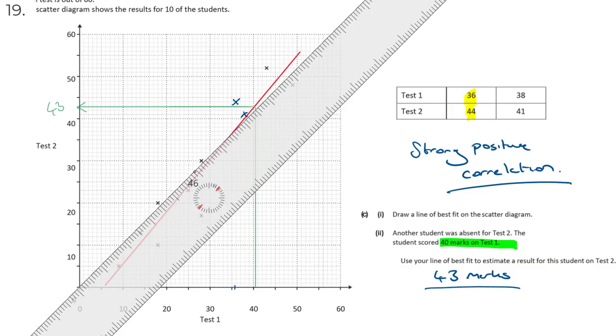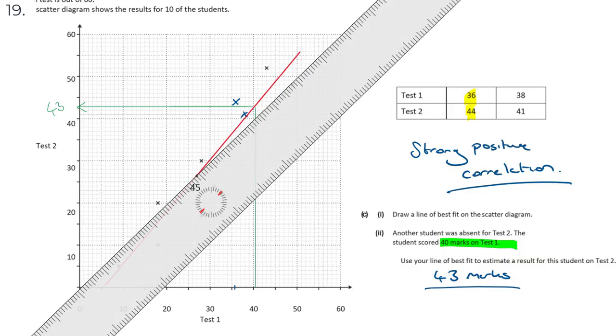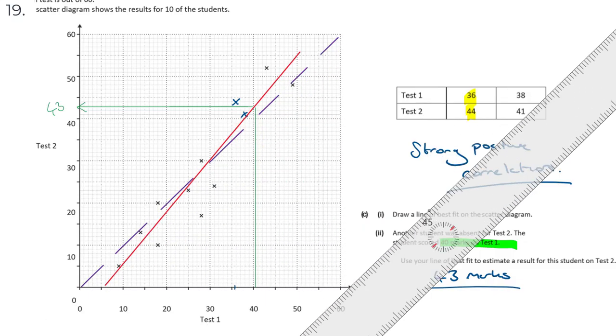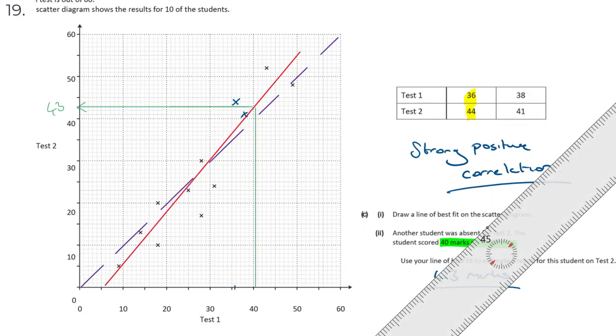That goes through 0, 0, 10, 10, 20, 20, 30, 30, 40, 40, and so on. So this line, if I do a diagonal dotted line up here, this line here represents them doing equally well.